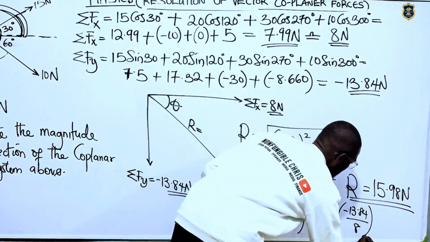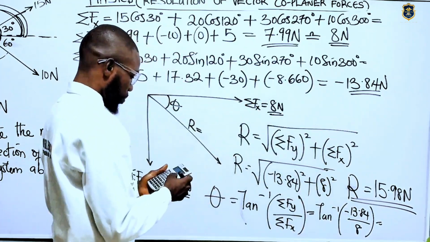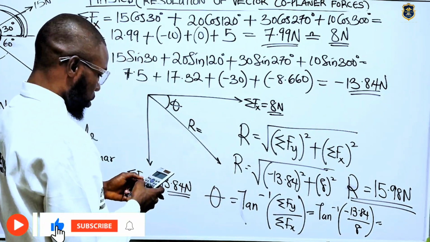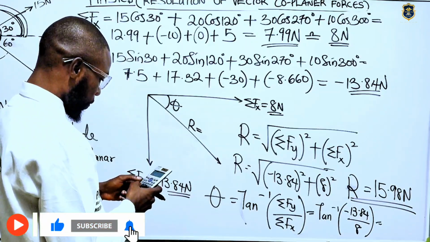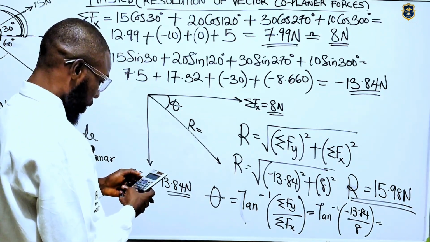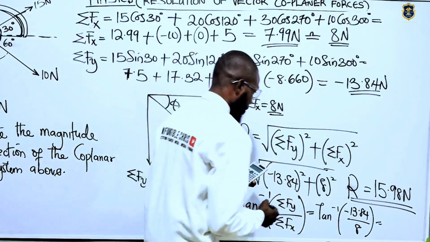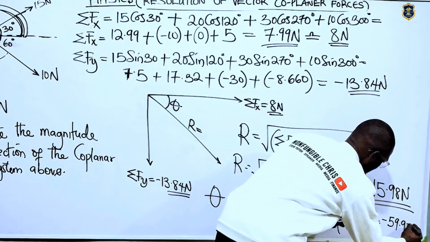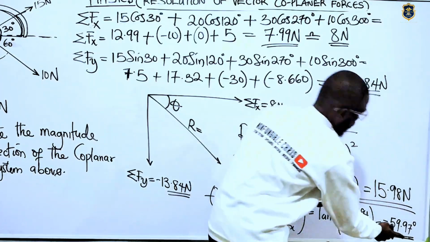Right? Let's see what we're going to get. So if we do shift tan, that's inverse of tan, for minus 13.84 and 8, we got minus 59.97 degrees. So I'll show you what this means.